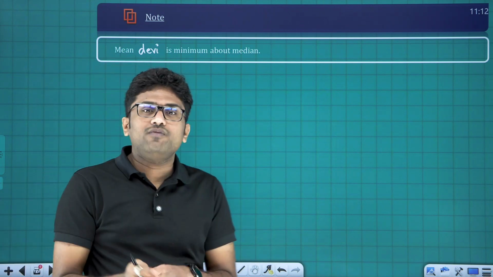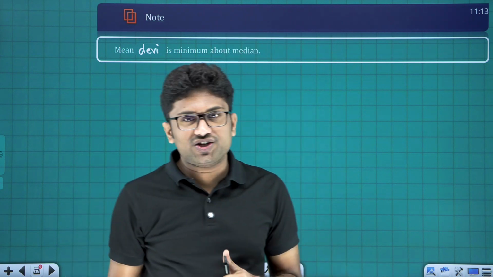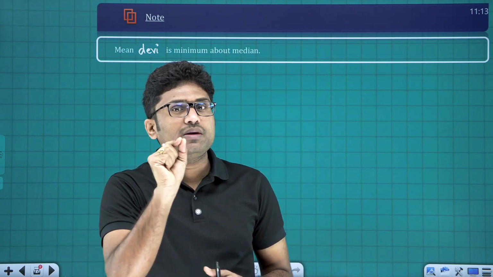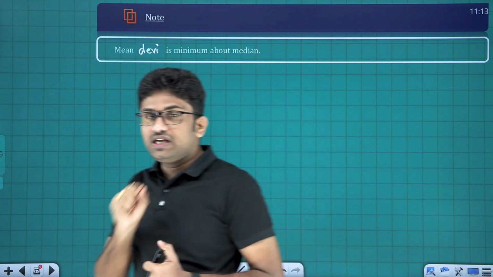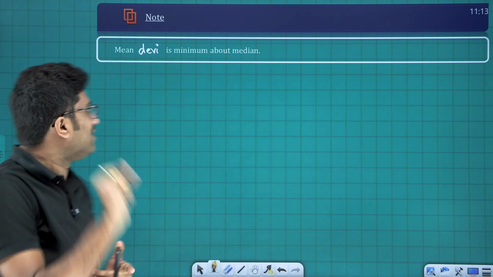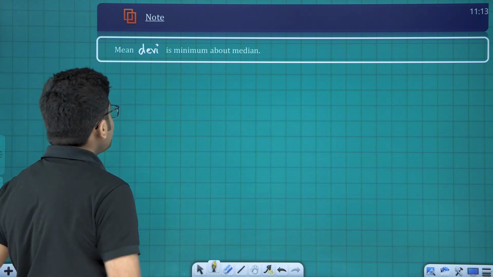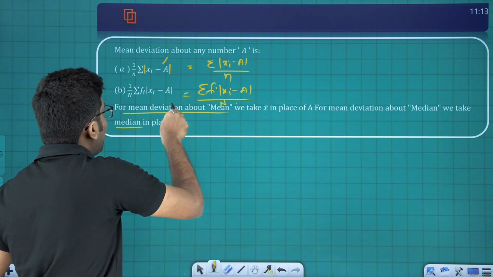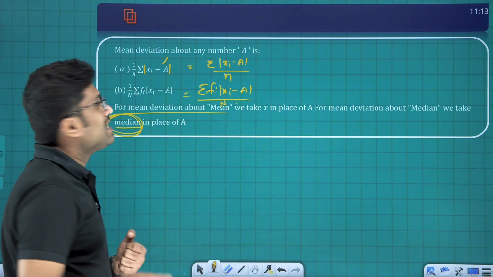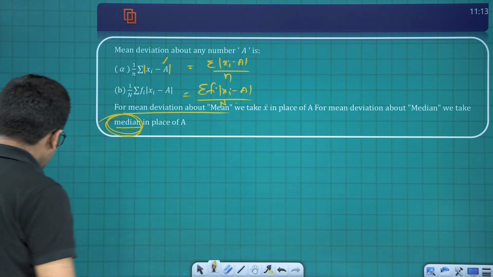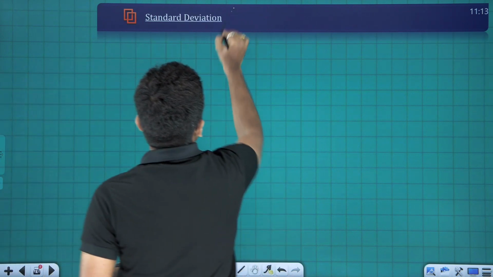Mean deviation will always be minimum if we take it about the median. That means in place of a, if we put capital M, the median, then only the value will be minimum.